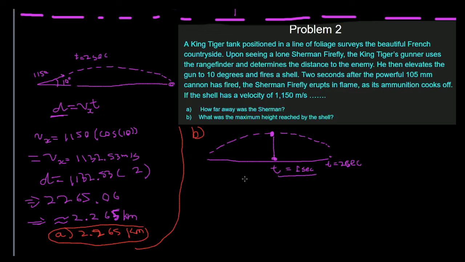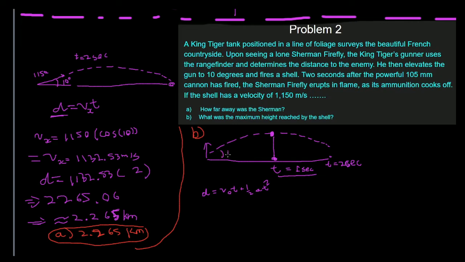And now we can essentially use kinematic equations again. We could use d equals v0t plus 1/2 at squared, because we already know what t is. We don't know what distance is, but we can calculate the initial velocity, which will be essentially the y component of this velocity.